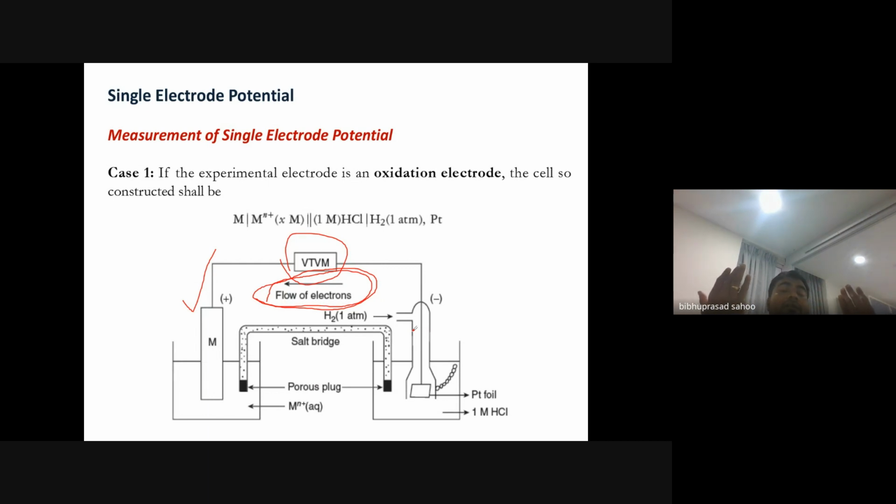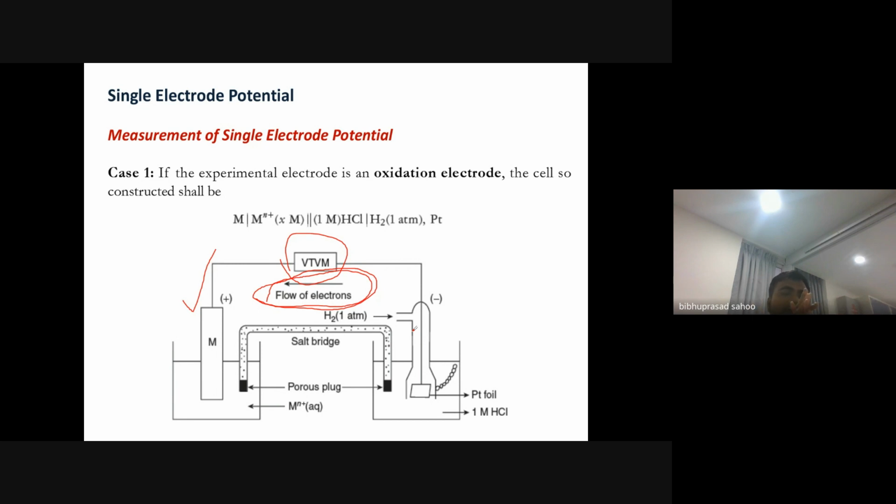But I found that electron is flowing from the hydrogen electrode to the metal electrode. That means my hydrogen electrode, the standard reference electrode, has become the anode. But what I placed already, I cannot remove. If there is a chance, I can tilt it or let it be there.